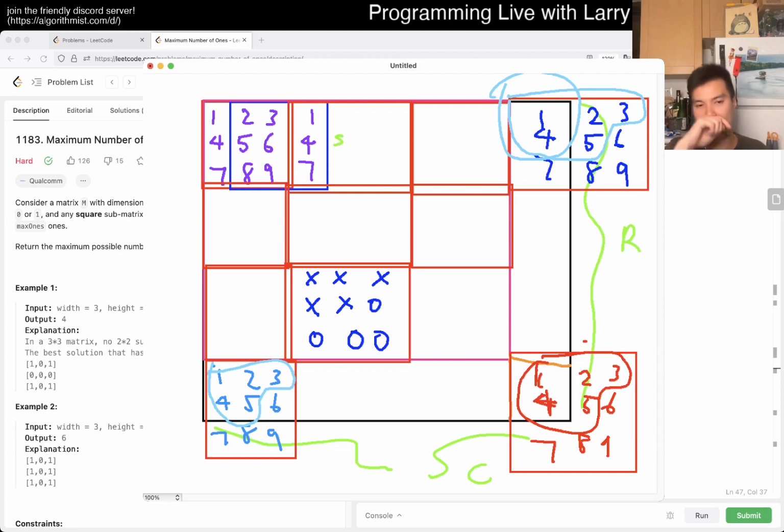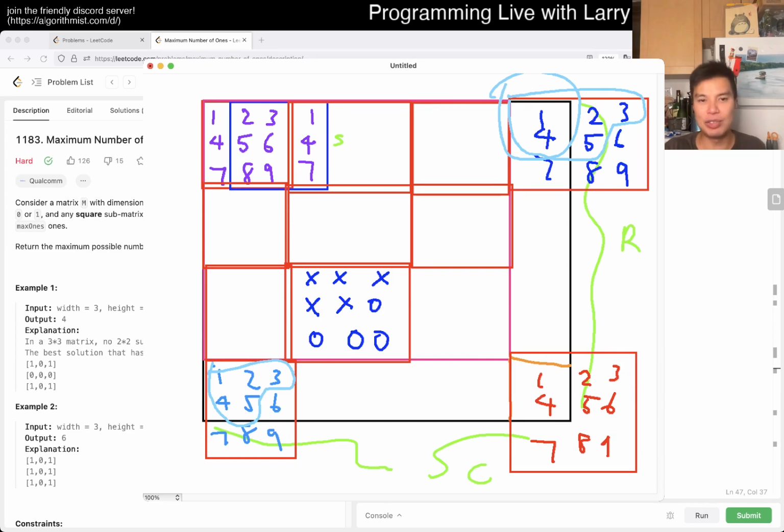And that's basically the idea behind the rest of the problem, is that, well, if you have a longer side, let's say C is greater than R. If C is greater than R, then let's say we figure out the pattern differently, right?